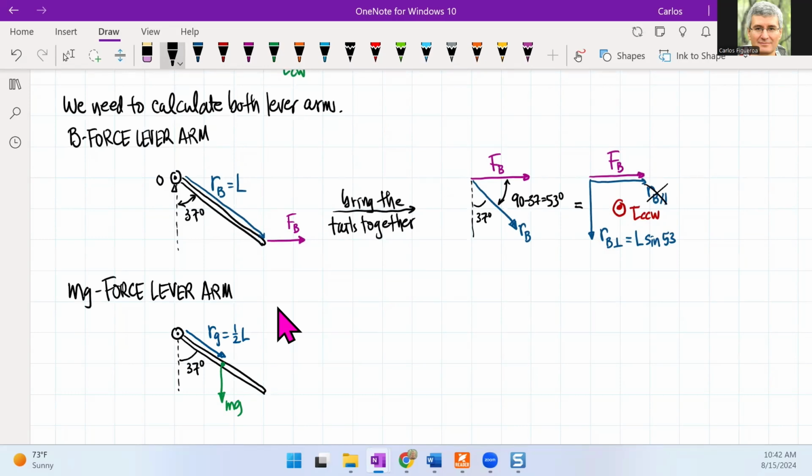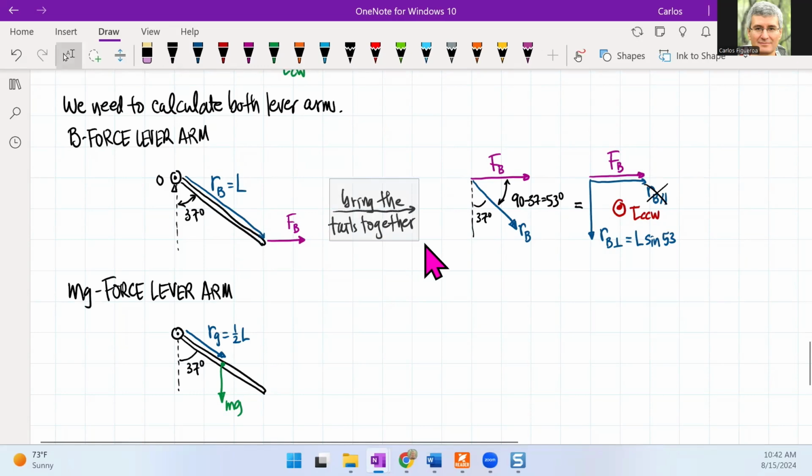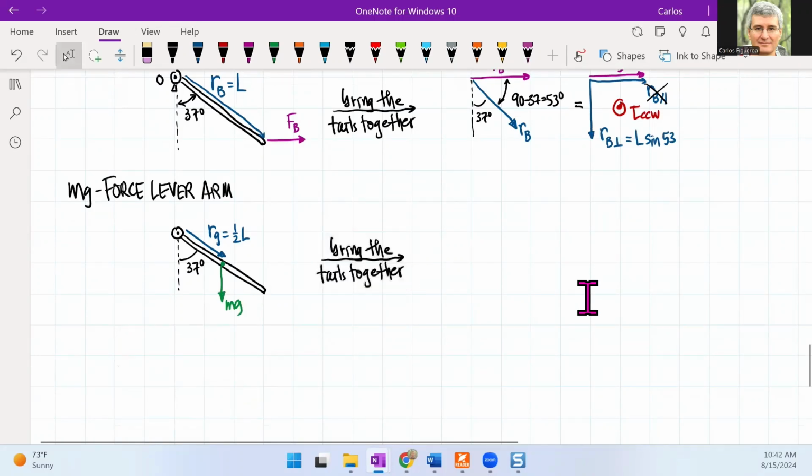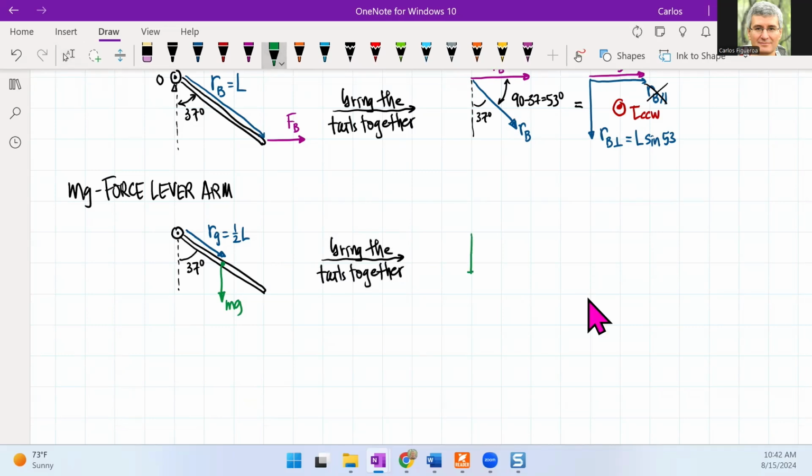Now I'm going to bring these tips together again, just like we talked about before. And so if I do that, then I have this picture. I have my green mg going down. I have my vector r coming in this direction. And you can see here is that this angle right here is 37 degrees.